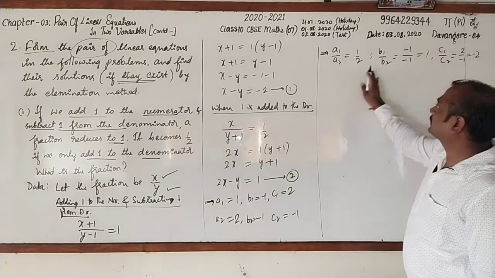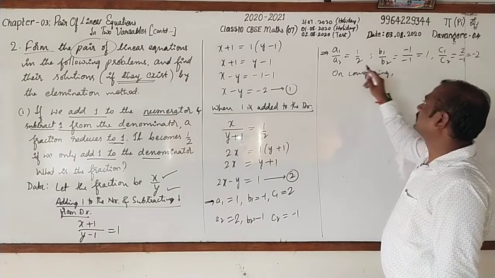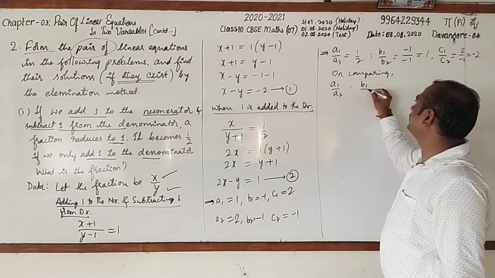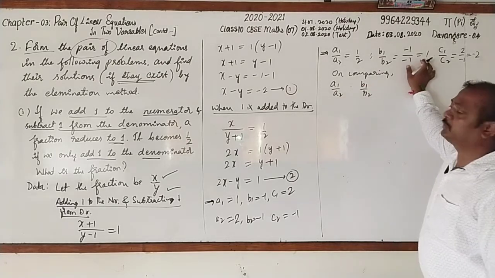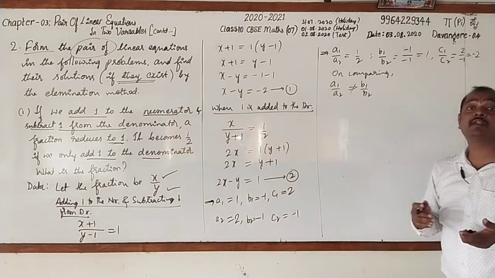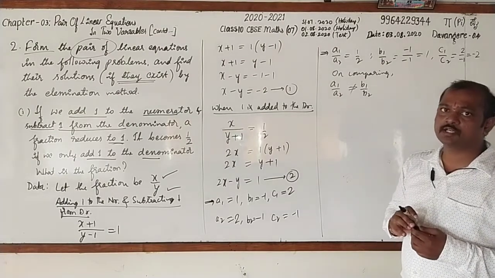Compare. On comparing, A1 by A2 is 1 by 2, whereas B1 by B2 is 1. Is 1 equal to 1 by 2? No, they are not equal. If they are not equal, do the solutions exist?